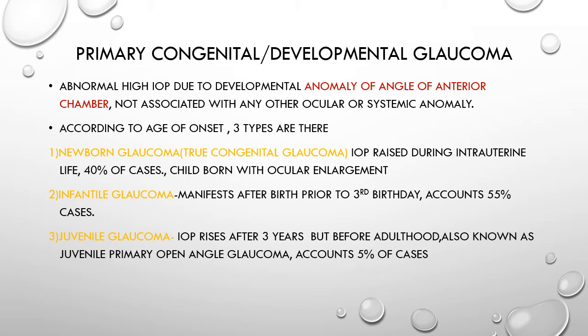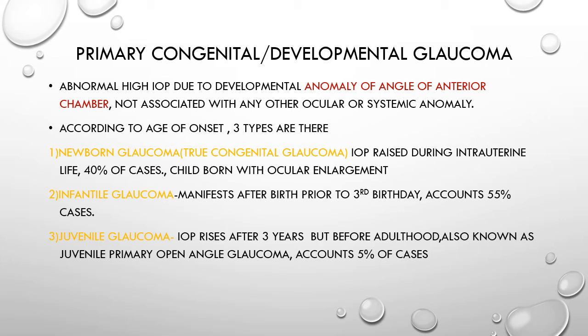Let's study the first part of glaucoma, that is primary congenital or developmental glaucoma. As the name itself indicates, congenital or developmental glaucoma means the child has this glaucoma entity since birth or before birth. The raised IOP is due to an anomaly of the angle of the anterior chamber.